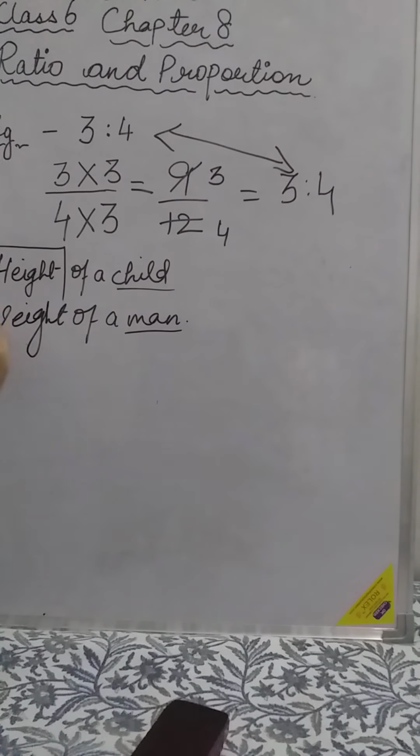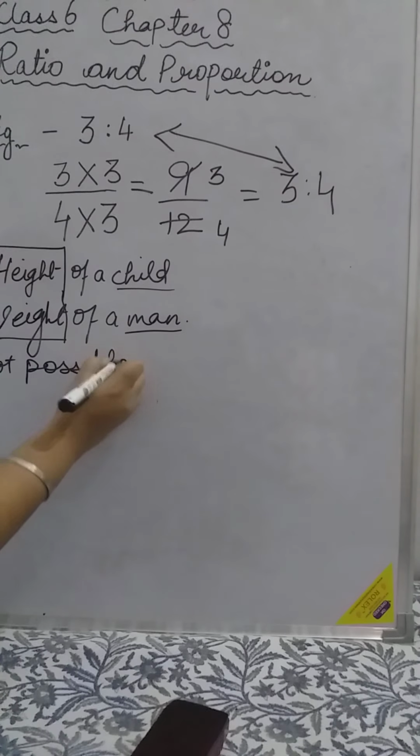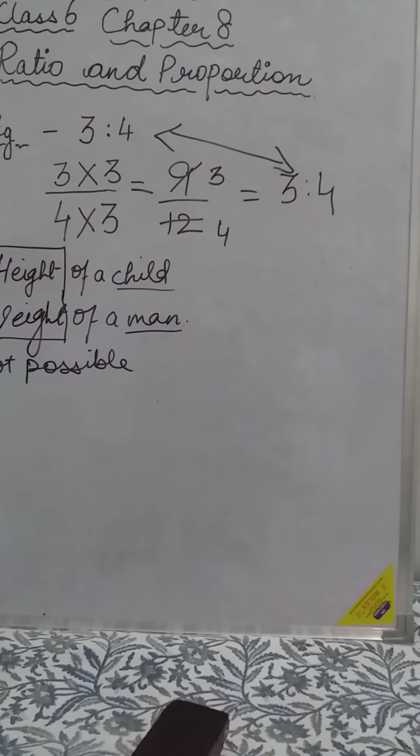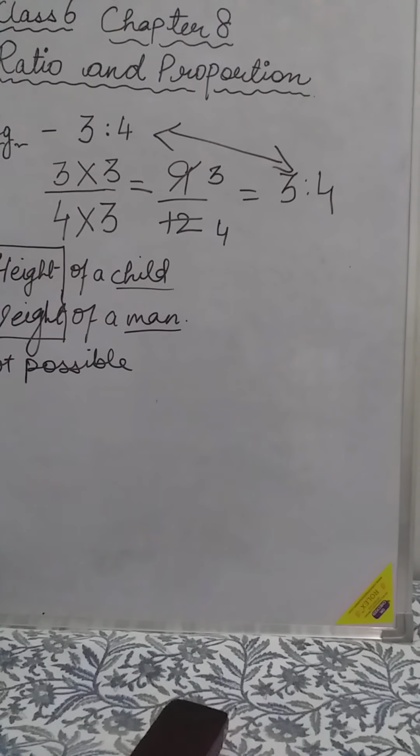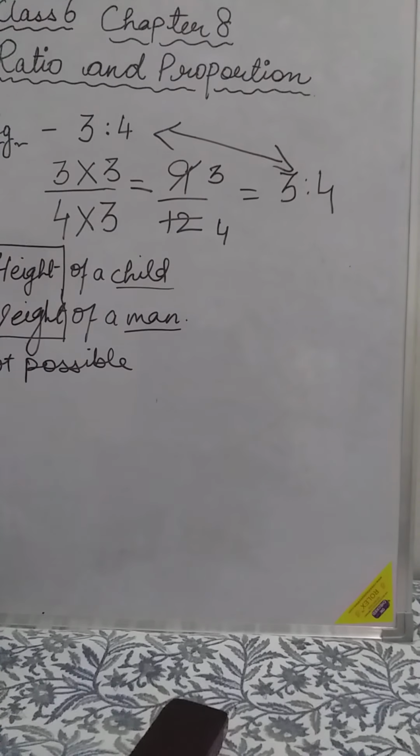No, they are not the same, because this is height and this is weight. So a ratio between them is not possible, because both have different quantities. So a ratio can be expressed, or is possible, only when the quantities given are the same.